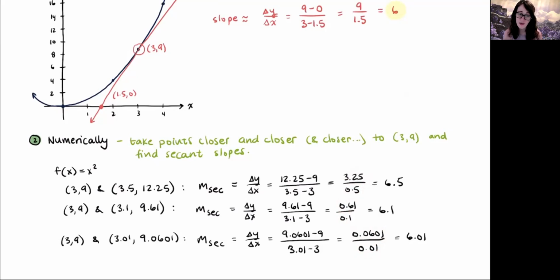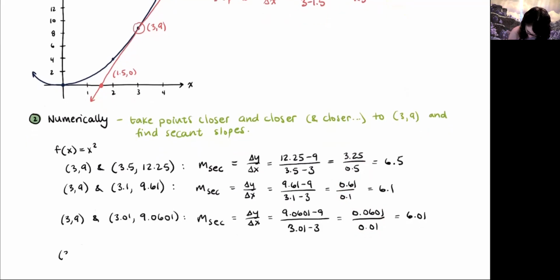Let's just do one more. How about 3.001? That might be a pretty nice close point to the point 3,9. When you plug 3.001 into f of x equals x squared, you're going to get 9.006001. All right, let's find the secant slope between these 2 points.